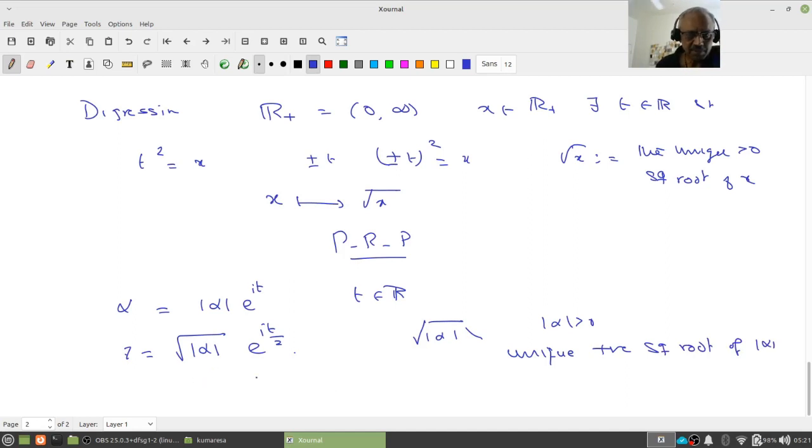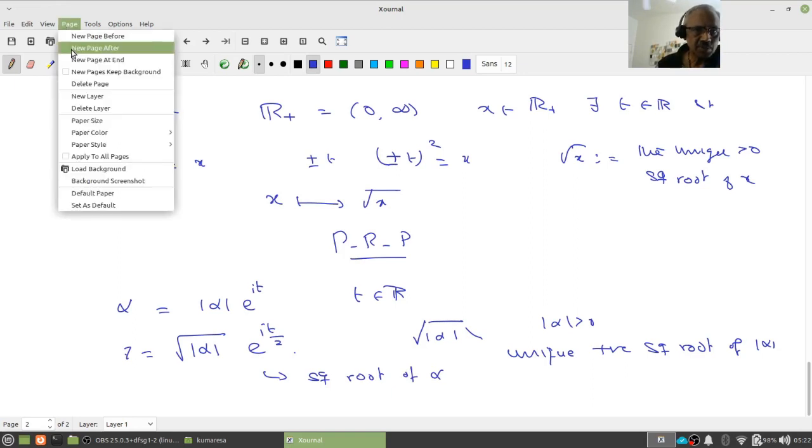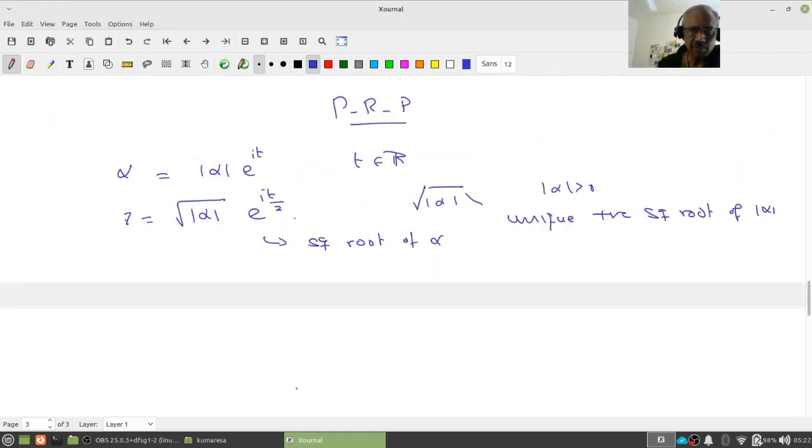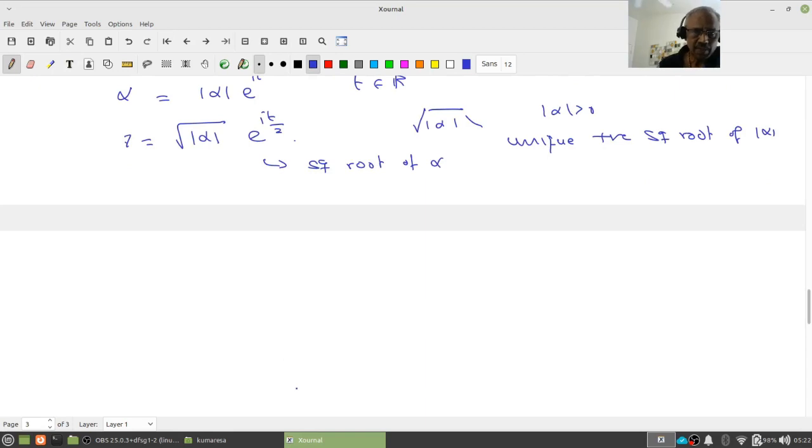This is a square root of alpha. So we have found the existence of a square root, but can there be more than one? Yes, we know for any polynomial equation of degree 2 there could be at most 2, and in this case there are 2, namely z and minus z.